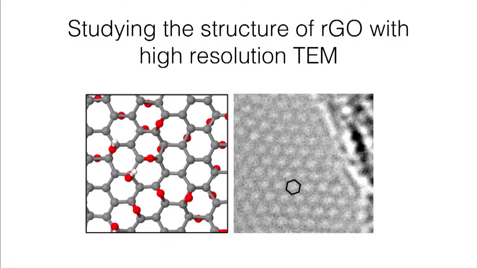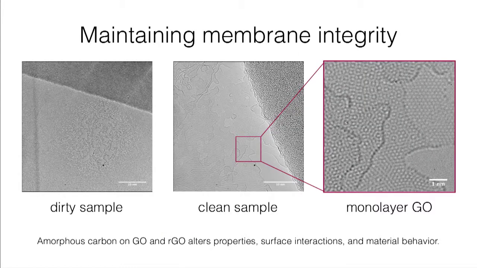What we found when we look at these materials at very high resolution transmission electron microscopy images is that the material behaves very differently under dirty and clean sample conditions. And so the clean sample is actually not what we see day-to-day in our reverse osmosis plant membranes, but has a very different surface chemistry from the material that we've been studying so far.